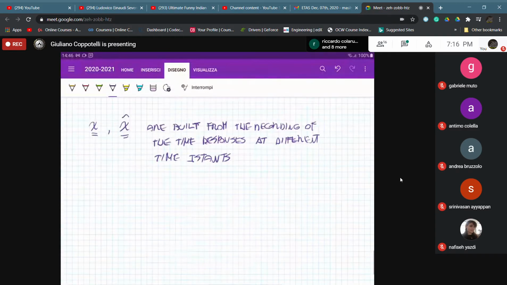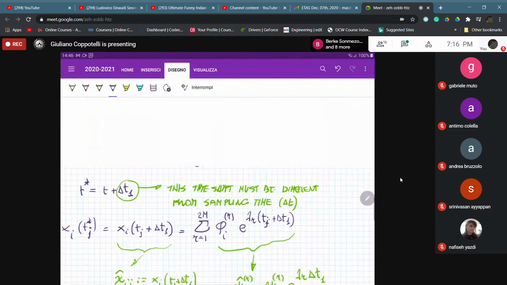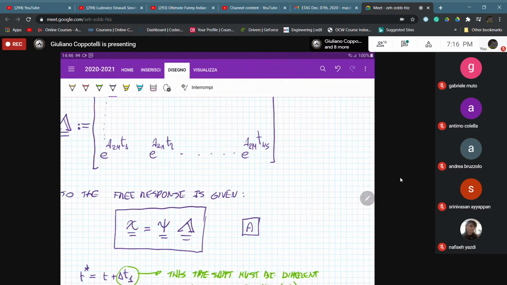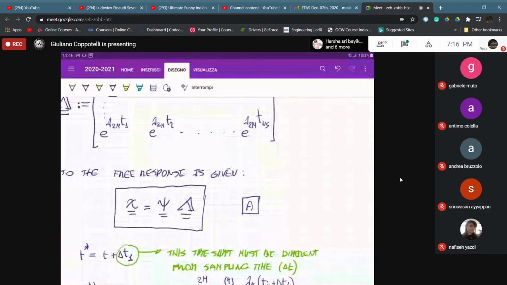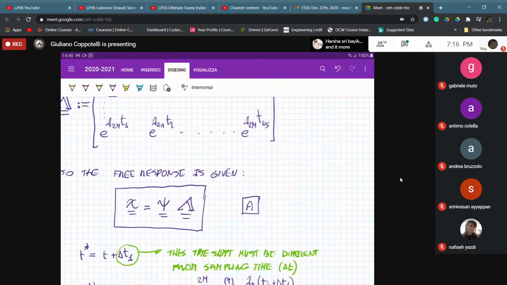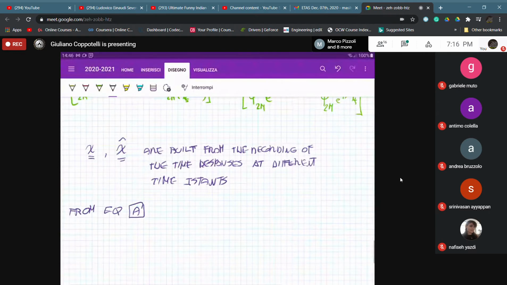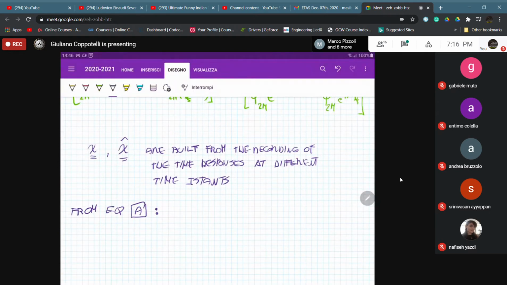Now, from equation A, that is this first one that we considered, the large bold lambda matrix could be written as the inverse of the psi matrix times your chi responses.